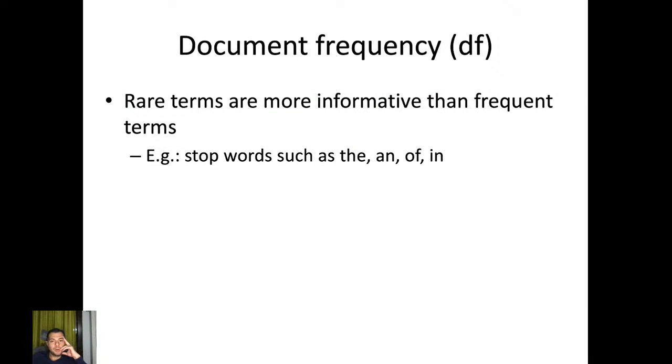We can also think of the document frequency. Rare terms should be more informative than frequent terms. This is how, for example, stop words are modeled. If we just think of the term frequency, the most frequent words are stop words such as the, and, of, in, and so on.